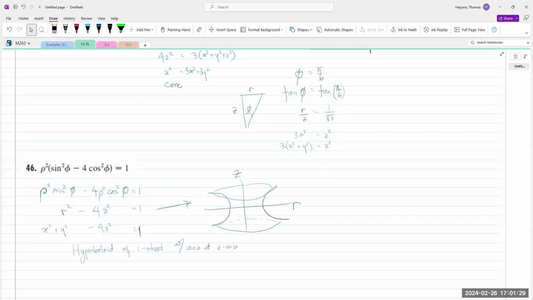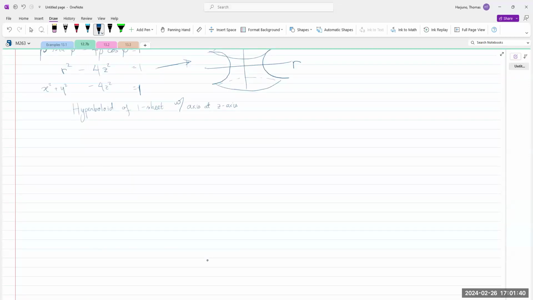Let me see if there are more questions that we can try. Maybe number 56. Number 56, I have z equals x squared minus y squared. Suppose this is rectangular and I want to rewrite it into cylindrical. Remember, cylindrical basically changes the xy into polar, and we keep the z.